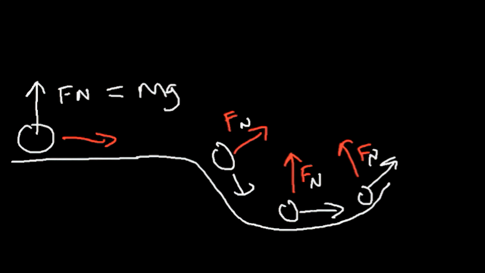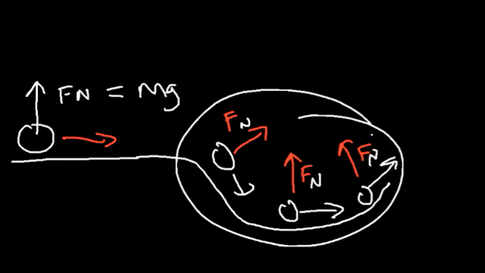But in the case of this section over here, the normal force not only has to support the weight of the ball, but it also has to provide an additional force to cause the object to turn. So the normal force in this situation is greater than the weight force.